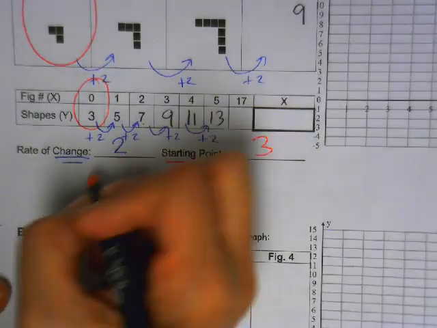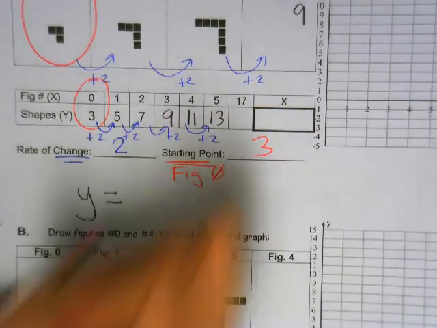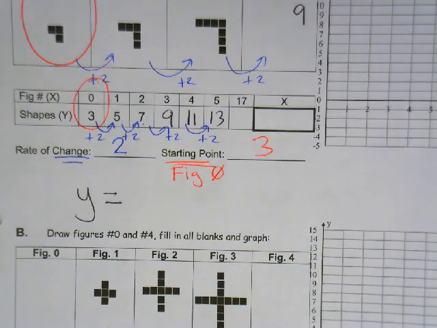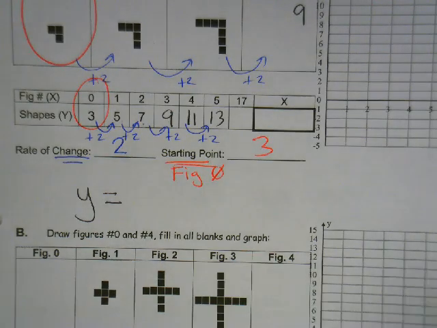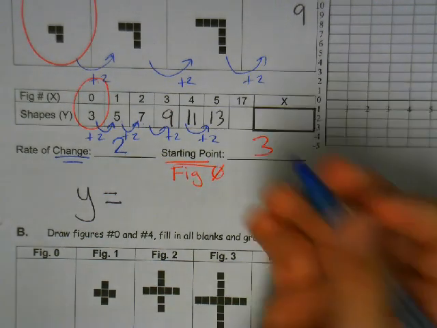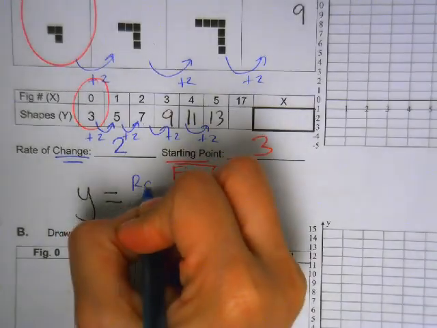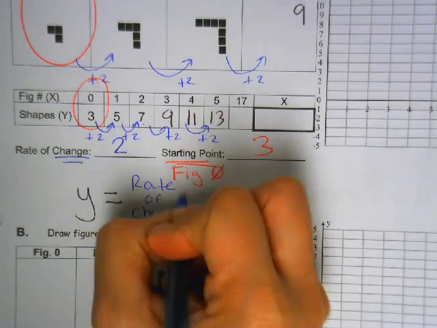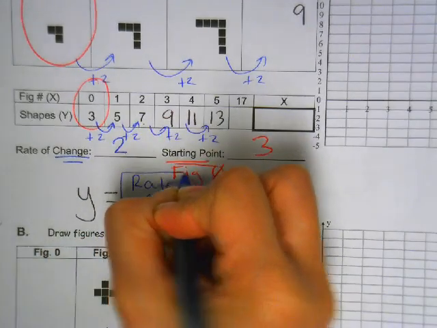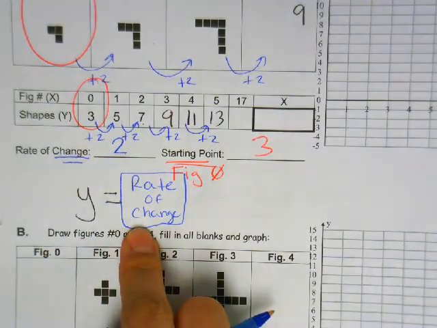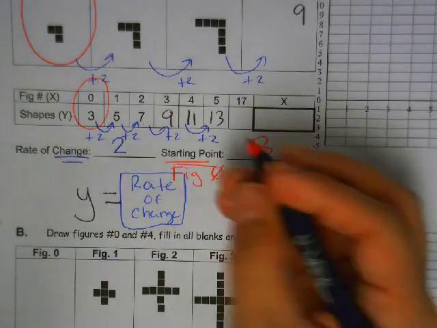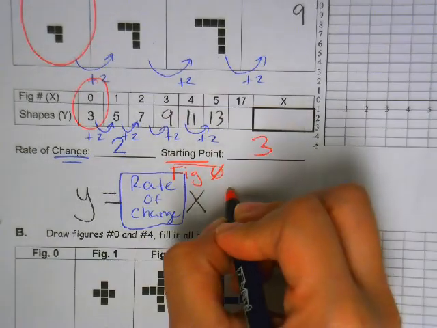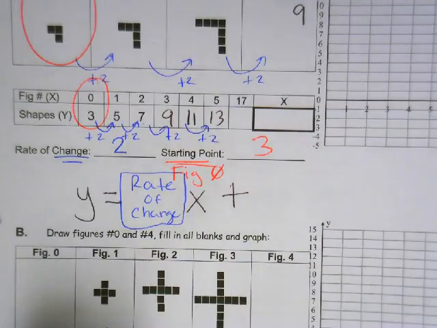You're always going to start with y equals. Didn't we start with y equals in 7th grade? Yeah. We're going to write this down. We're going to call it the rate of change box. So here's the rate of change. So write it down with a box. Then after the rate of change, we're always going to have an x. And we're sometimes always going to have a plus sign.